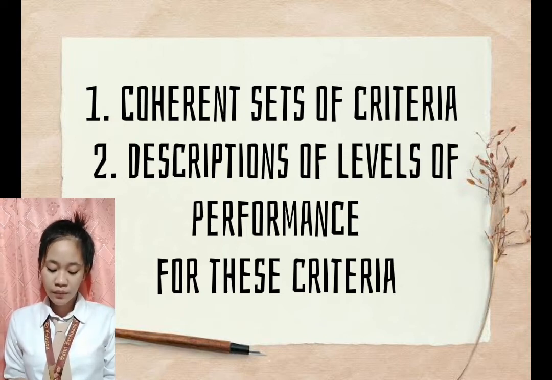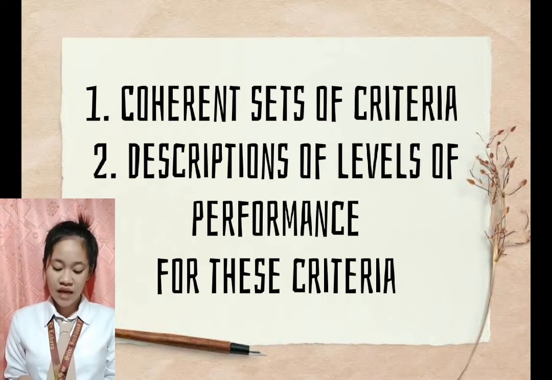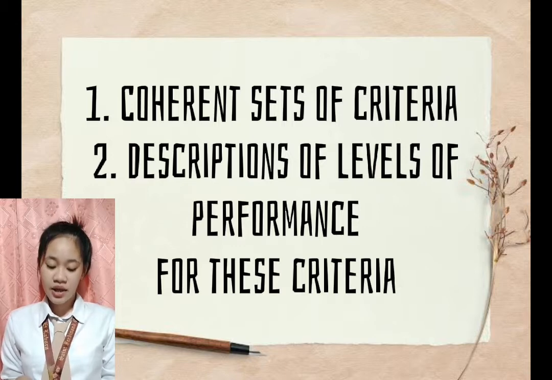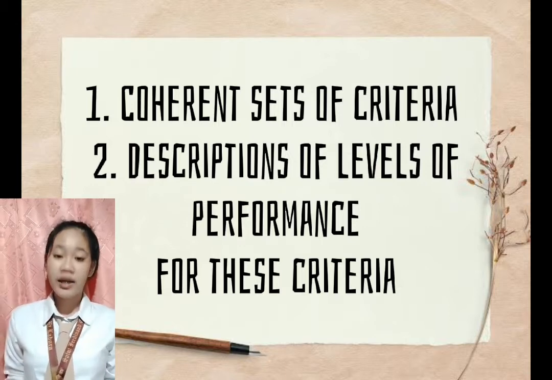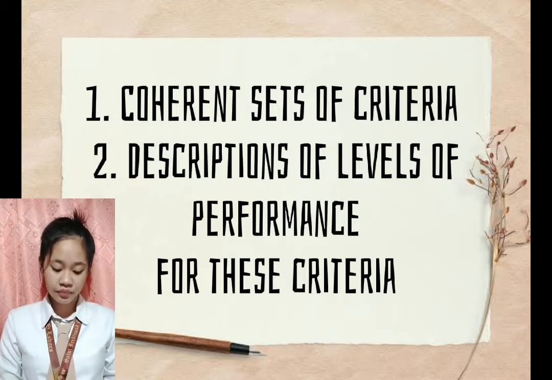So, the presence of both criteria and performance level descriptions distinguishes rubrics from other kinds of evaluation tools like the checklist and rating scales.